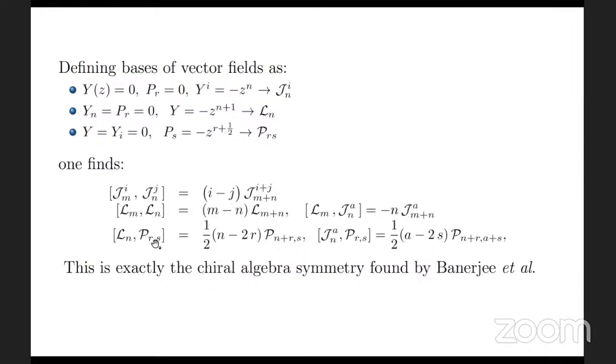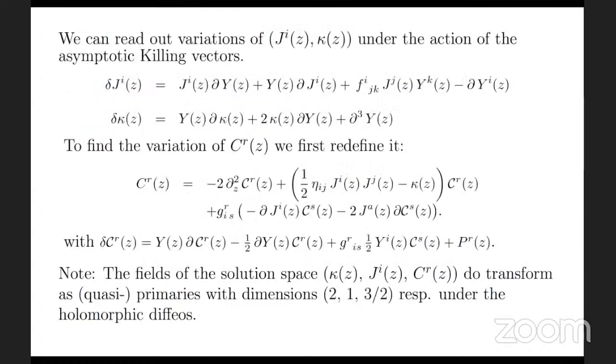And similarly, the holomorphic super translations, if you wish, also have these particular commutation relations, both under the Virasoro and current algebras. And this is exactly the algebra that Banerjee et al. found. You have seen this before in the first talk today. Okay, finally, what one has to do is to figure out how the various fields that are in the solutions transform under these vector fields.